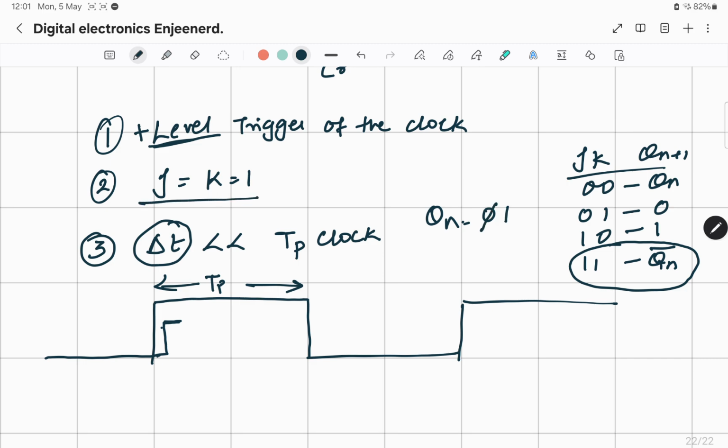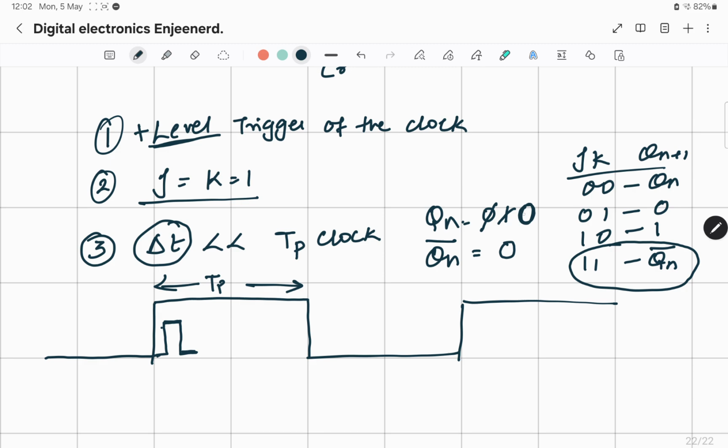My input is going to remain the same, J equal to K equal to 1. What does my output change to? It changed to 1. Since it is level trigger, again for J equal to K equal to 1, I will have the new output as Qn bar. What is Qn bar now? The complement of 1, which is 0. So this signal will turn down to 0. Now my new output is 0.